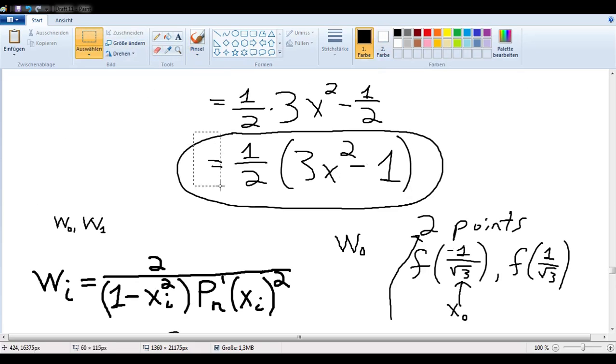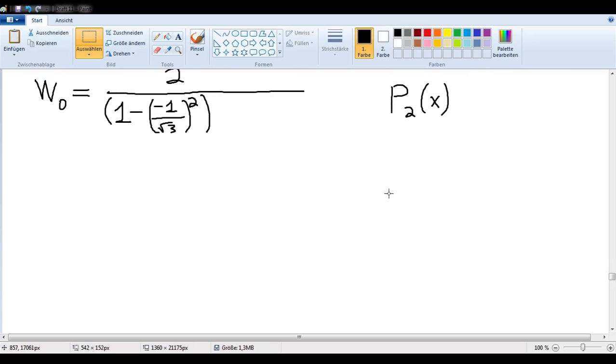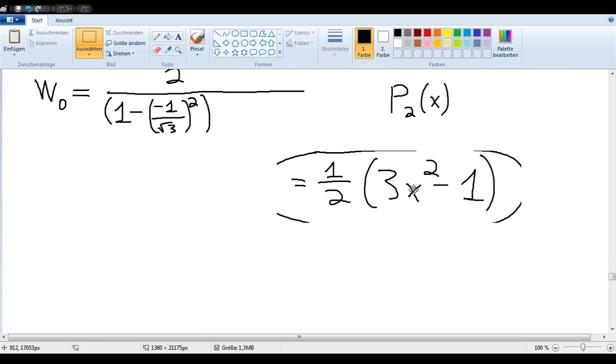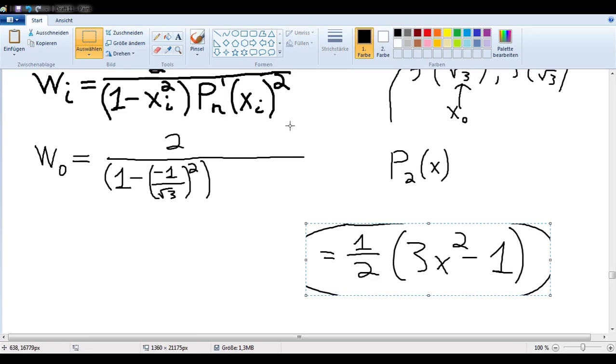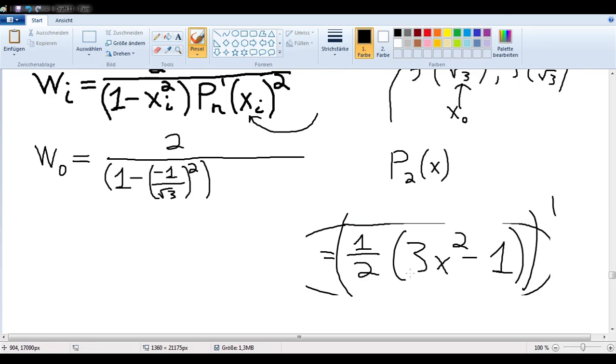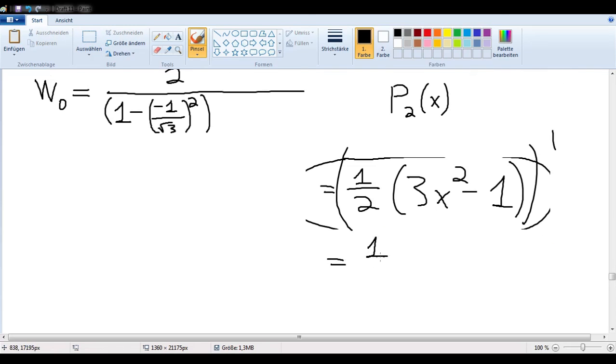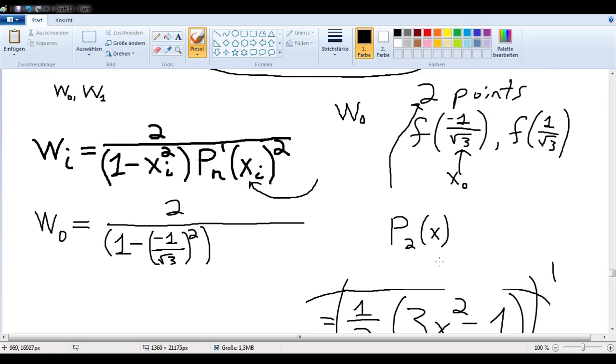So I'll copy that from here. This is the one. So we just need to know the derivative of that for this equation here, right? So the derivative of that would be 1/2 times 6x, right? That would be it. So we'd have 3x, right? So that's the derivative.